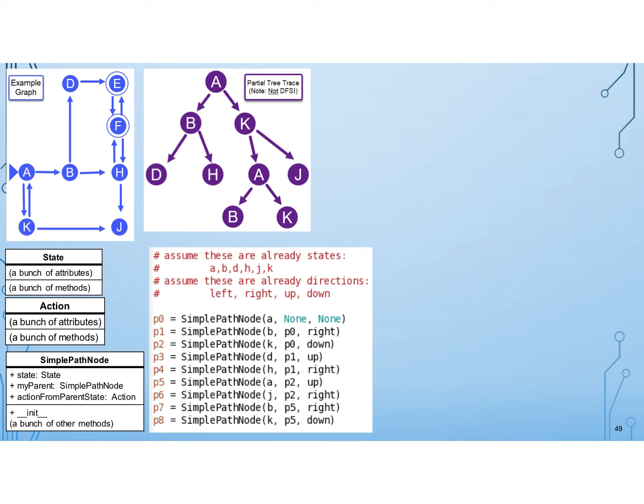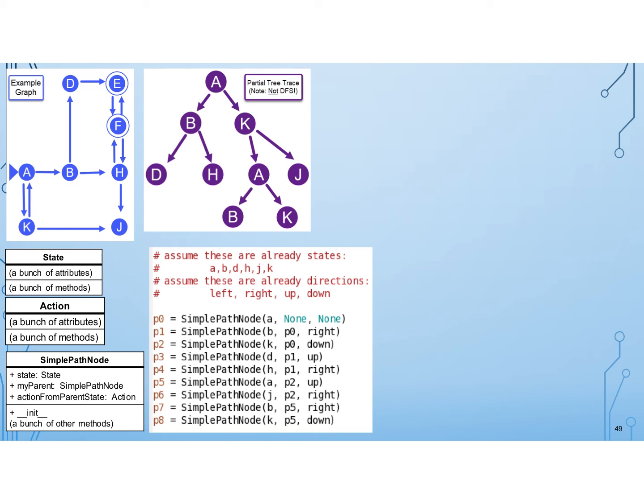And so assuming that you have that code set up, then you can do something like this. What I've done here is create a bunch of variables so you can get an idea of what this might look like. Of course, in any regular program you're not going to be making a variable P0, P1, P2, P3, and what have you, but I just wanted to show you what this might look like.